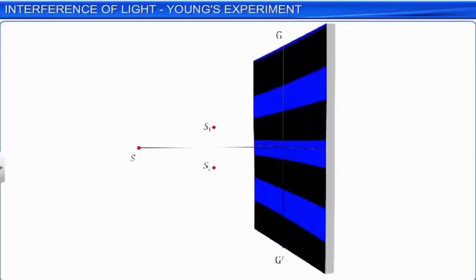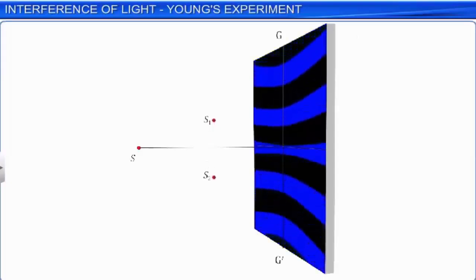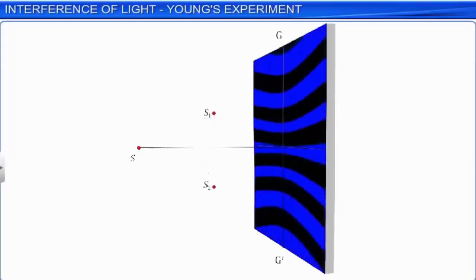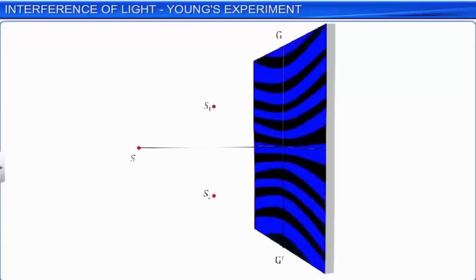Mathematically, locus of such points represent a hyperbola. In fact, the fringe pattern is strictly a hyperbola. But for a large distance D, the fringes will be very nearly straight lines.